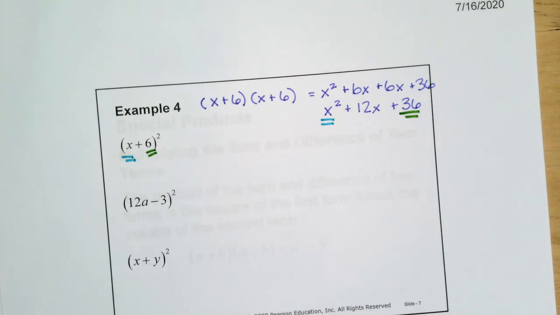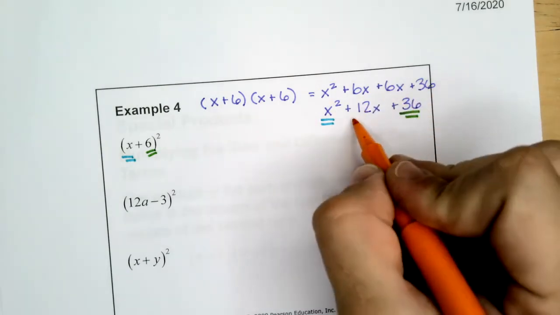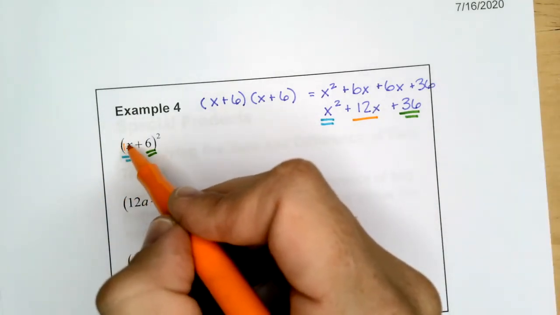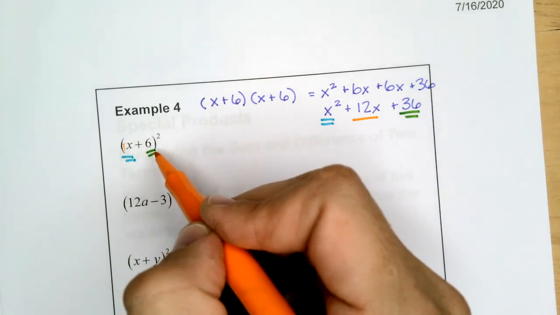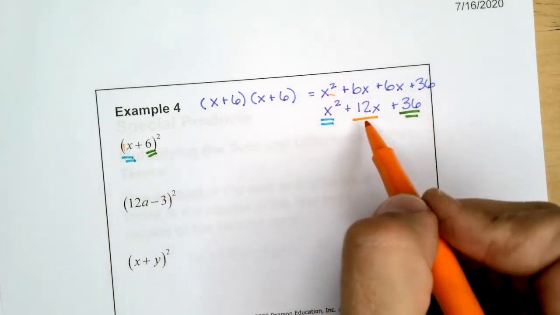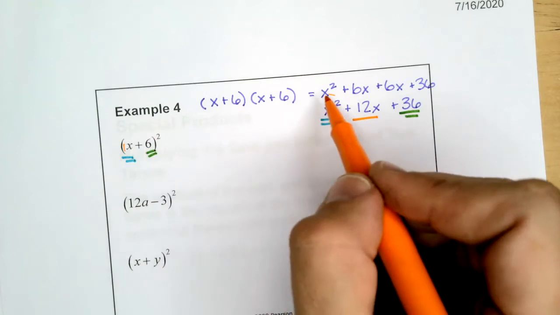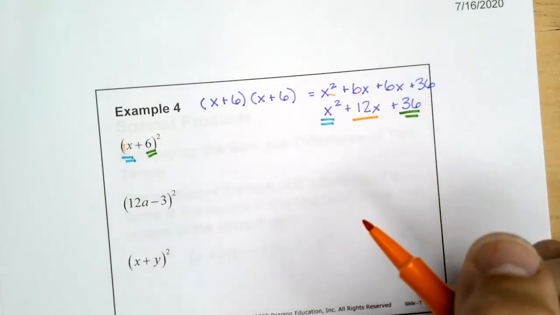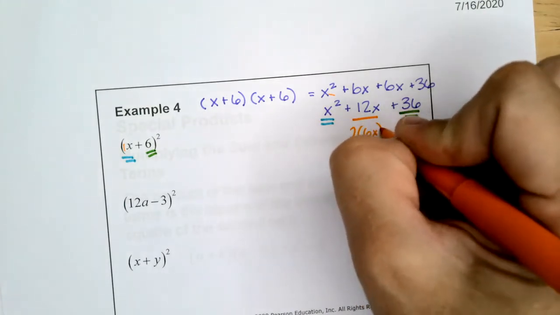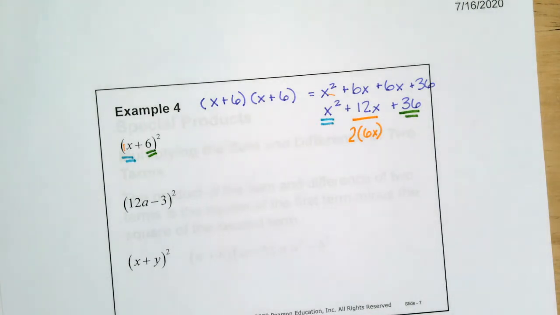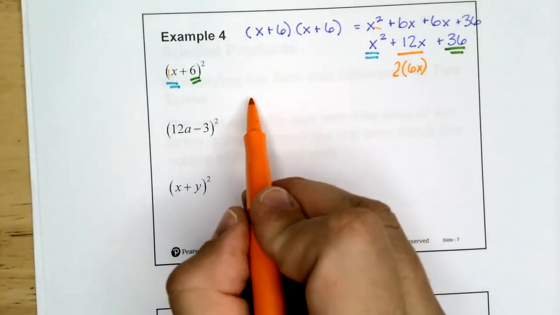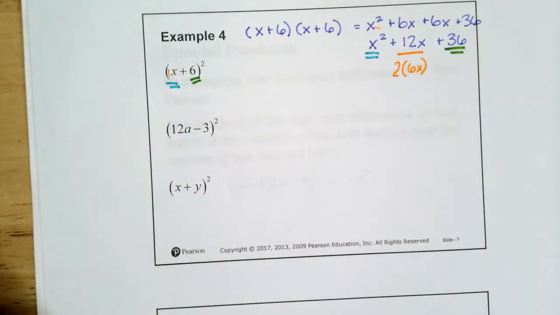The middle term is the first term, x, times the second term, and then we double it. So 6x doubled. So 6 times x doubled is our middle term. Two times 6x is where we got our middle term. Okay. (12a minus 3) squared.